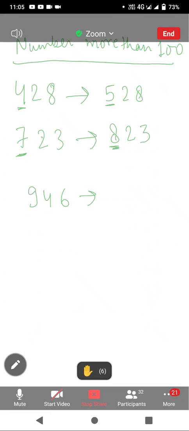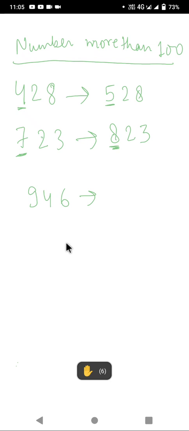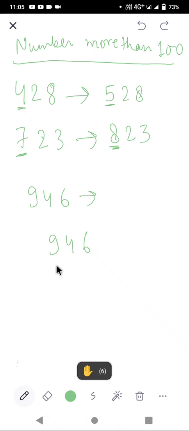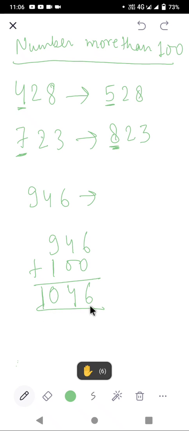No, beta, no. It is 946. If we add 100 in this, let's check what will come. 946 and add 100. So 6 plus 0 is 6, 4 plus 0 is 4, 9 plus 1 is 10. It will be a 4-digit number.